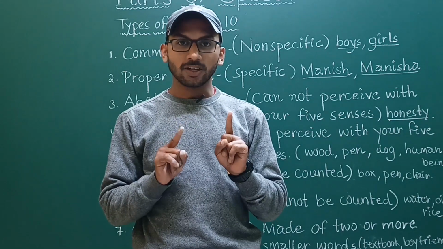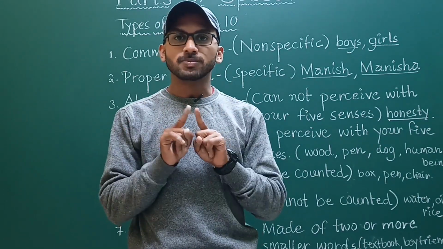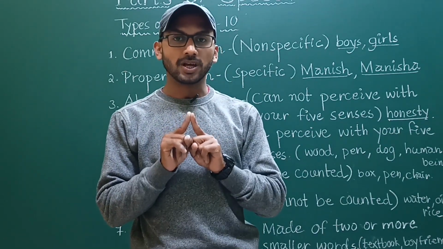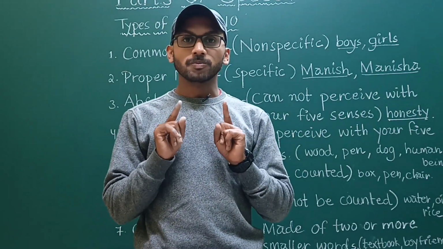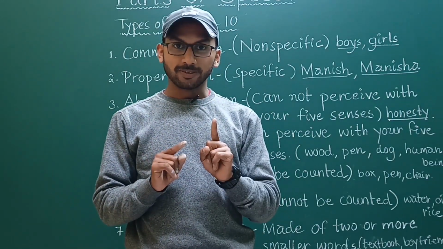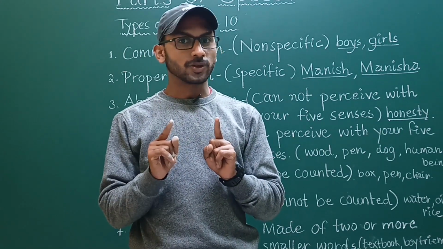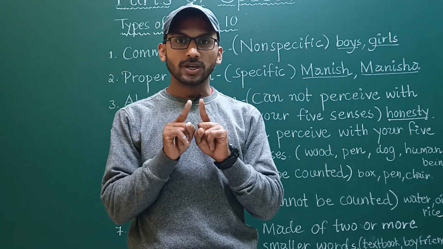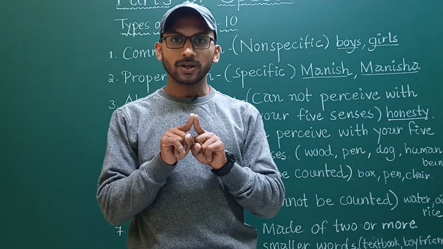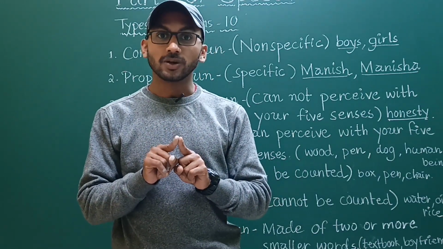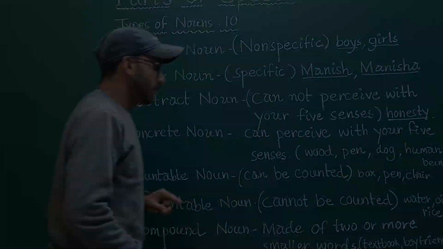One is text, the other one is book. So textbook becomes a compound noun. If I tell you boyfriend, boy is one type of noun and friend is another type of noun. Two nouns have joined together to become another noun called boyfriend.